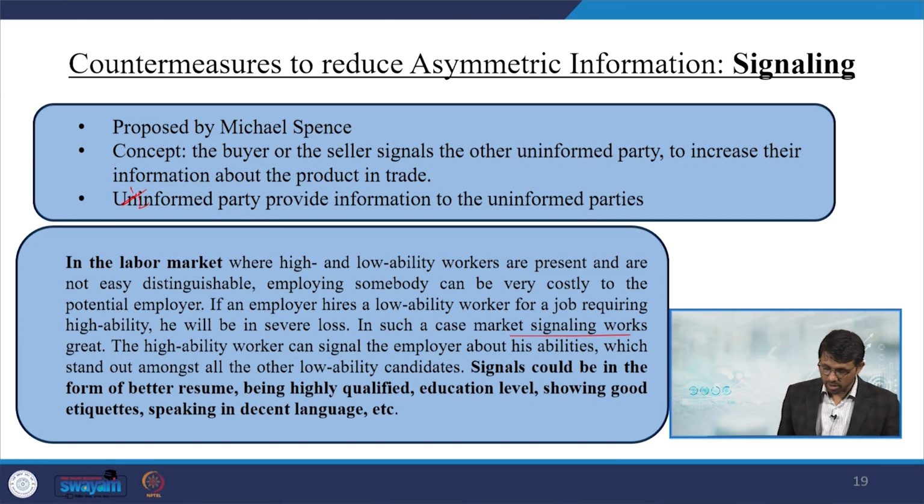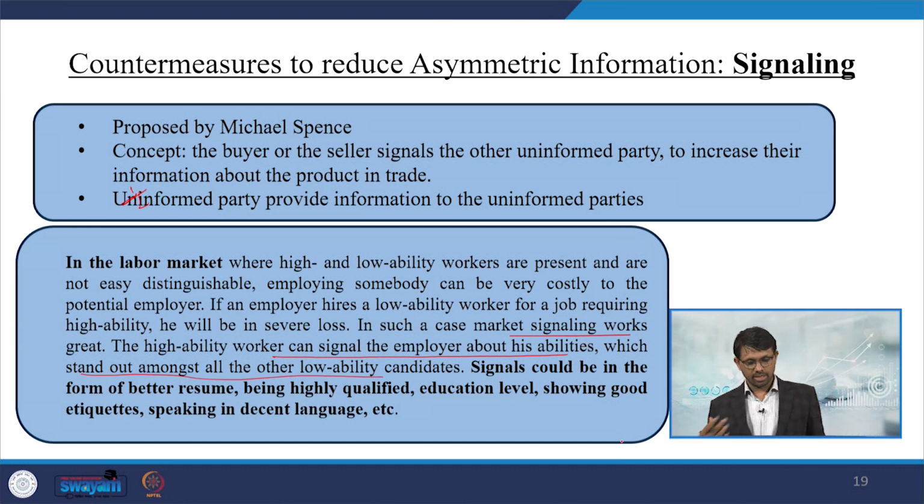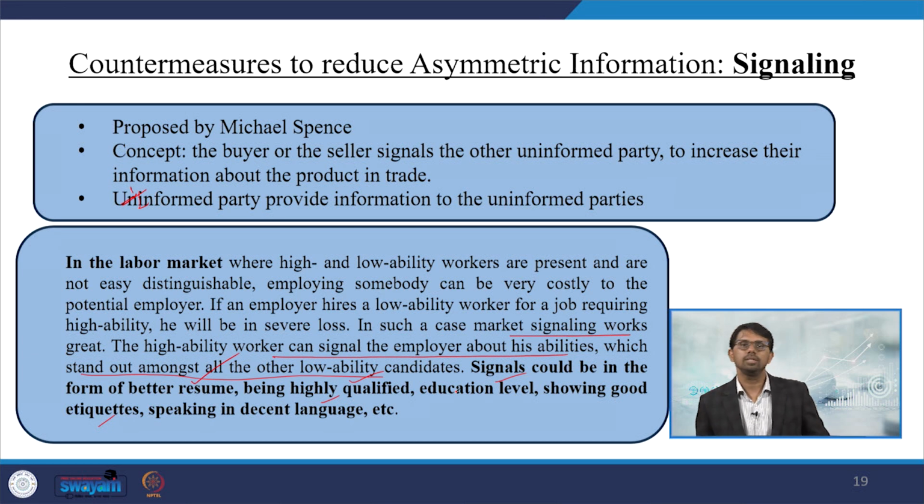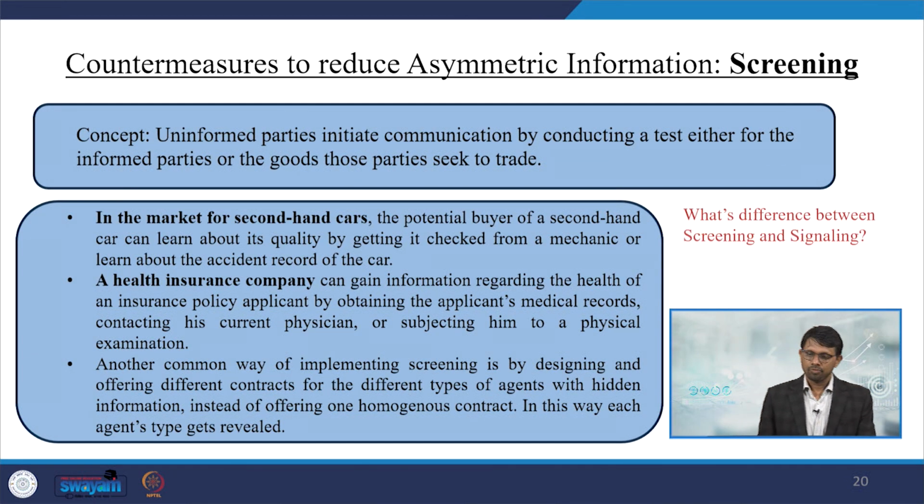The high ability workers can signal the employer about their abilities, which makes them stand out among the low ability candidates. Signals could be in the form of a better resume submitted at the time of application, being highly qualified, education level, showing good etiquette, speaking decent language, etc. These are called signaling, which reduces the information asymmetry.